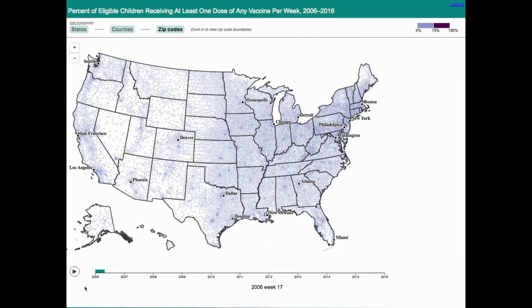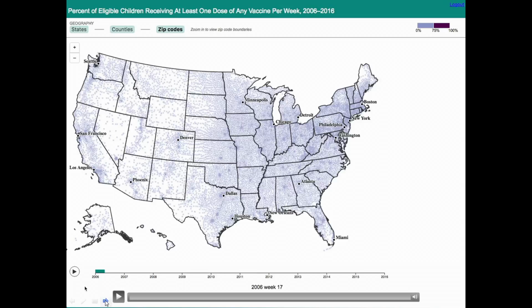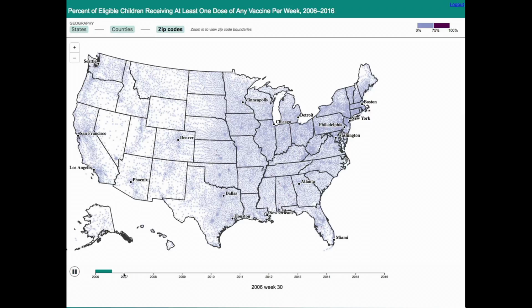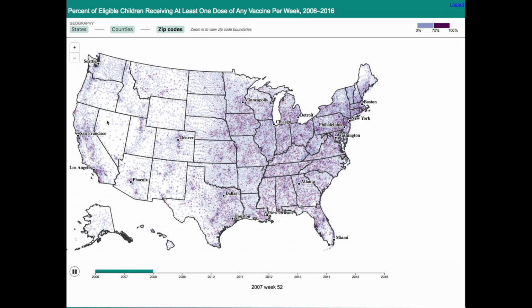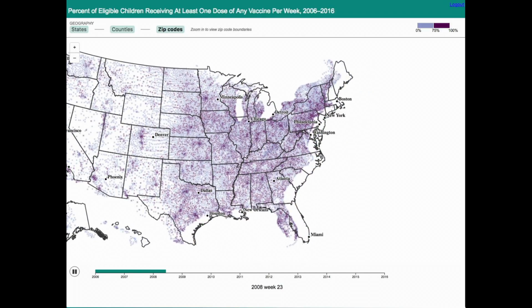And then finally, because we had the zip code level data, we wanted to see what that looked like. And this is a more challenging one because you're only talking about geographic centroids, so each zip code is mapped to the dot in the middle of the zip code. But we were able to show patterns over time where there's the darkening densities showing you clearly the cities that are getting uptake.